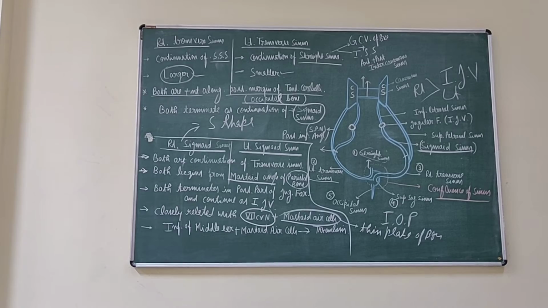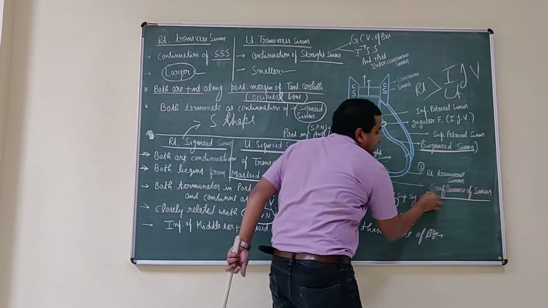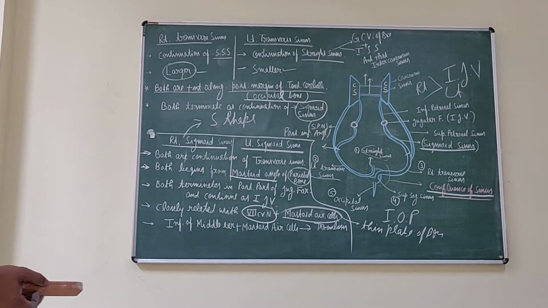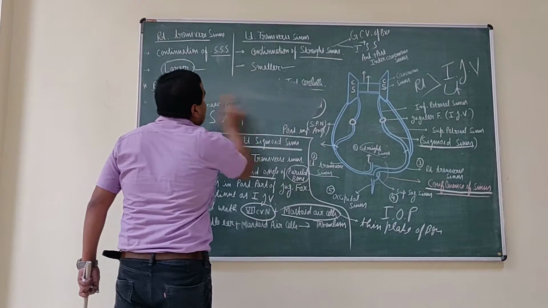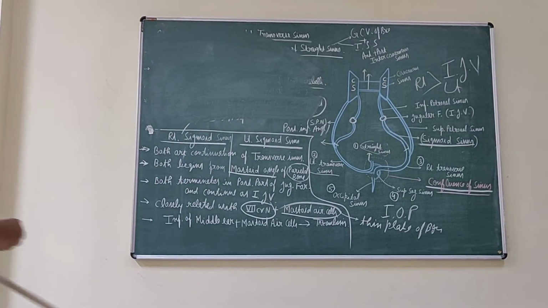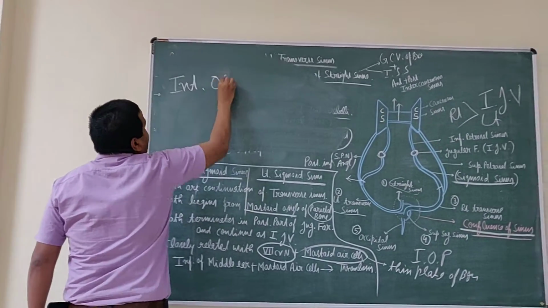Now, there is another point: the confluence of the sinuses. It is asked, what is the confluence of the sinuses? This confluence of the sinuses is present near the internal occipital protuberance.